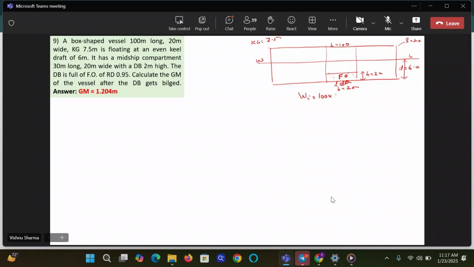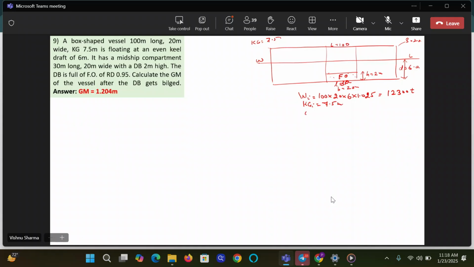100 into 20 into 6 into 1.025. We got 12,300 tons. We know the initial KG, 7.5 meters.